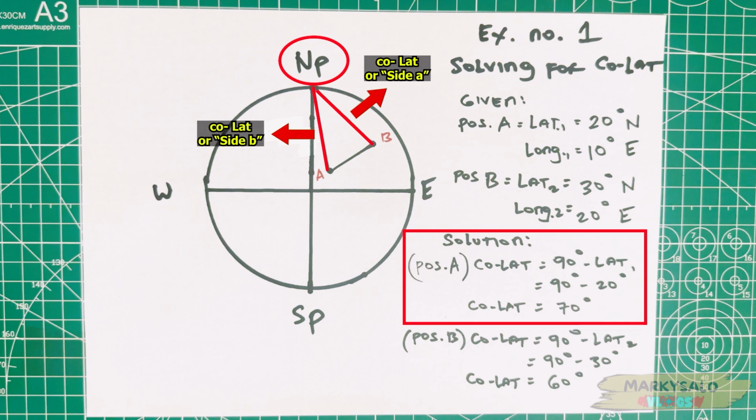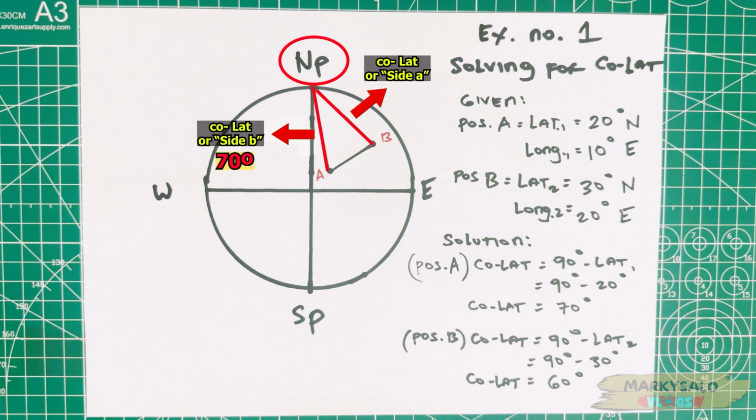So the answer is 70 degrees, or the colatitude for position A is 70 degrees. And for position B, colatitude is equal to 90 degrees minus the latitude of 30 degrees north, and the answer is 60 degrees. So that is the colatitude. Okay? So very simple.